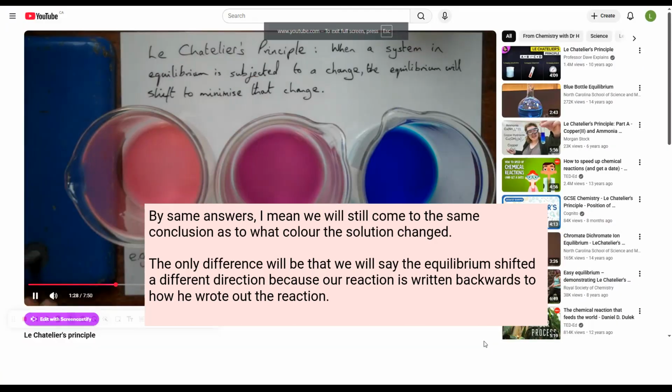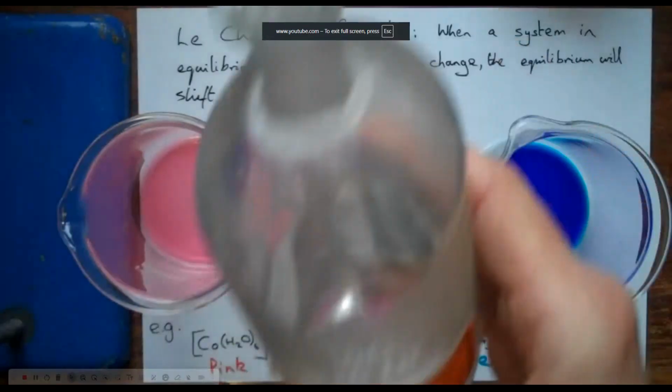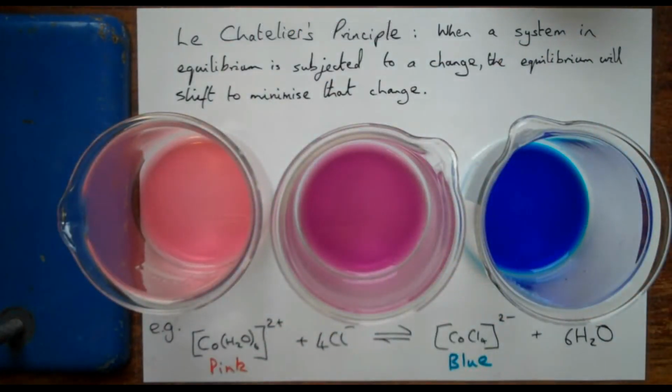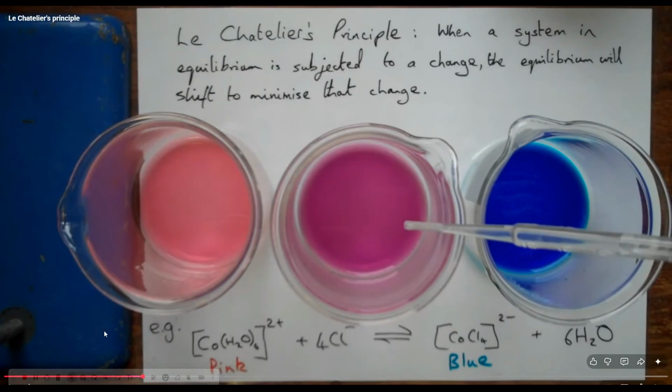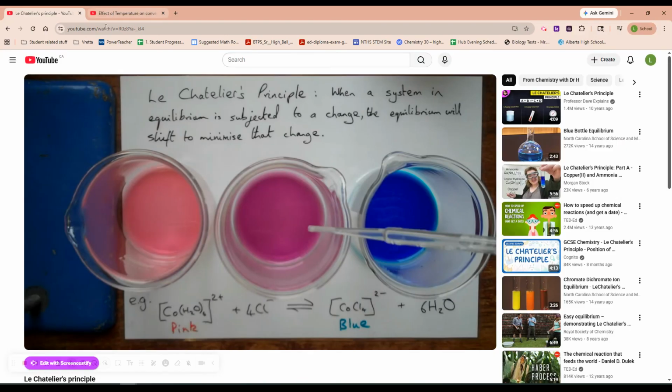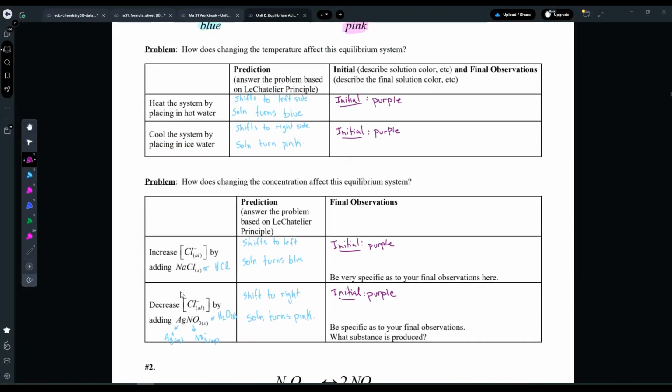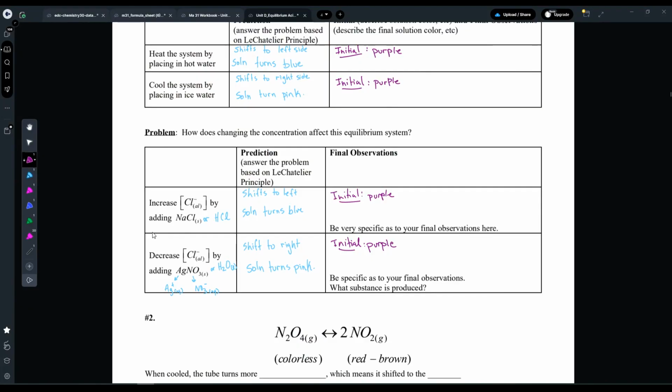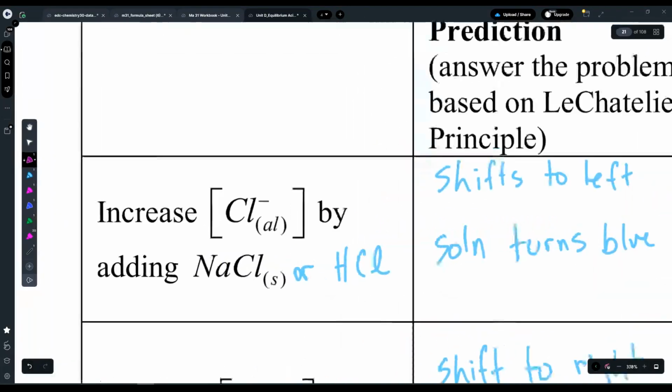I've got some hydrochloric acid, and I'm going to put a few drops of that into my beaker in the middle that's at equilibrium. Just as a heads up, because he's adding hydrochloric acid, the stress that he's applying is this one.